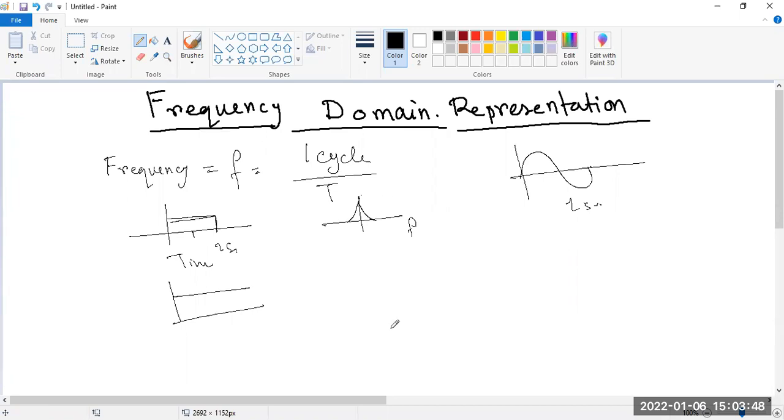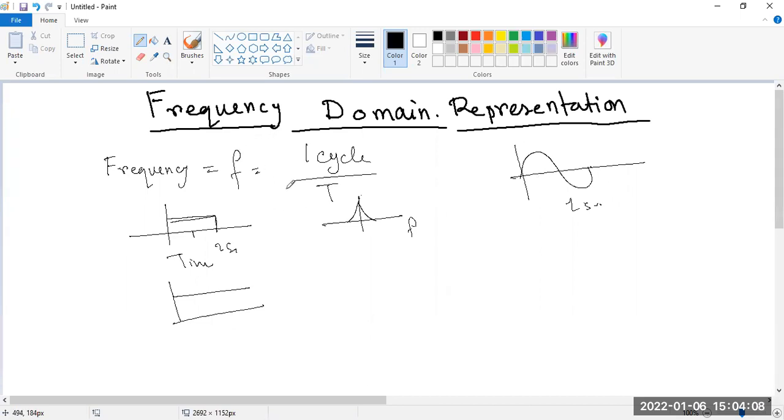Sir, please repeat once again, frequency domain and time domain. Look, we know that f equals 1 cycle per T, cycle per second or cycle per time, where T is the time period. That is called frequency.